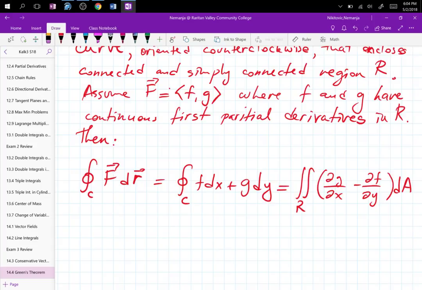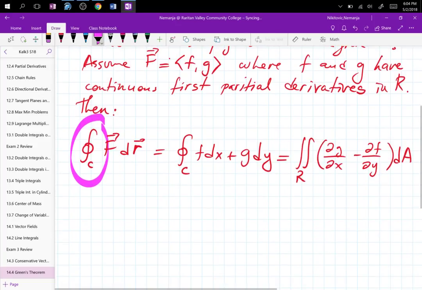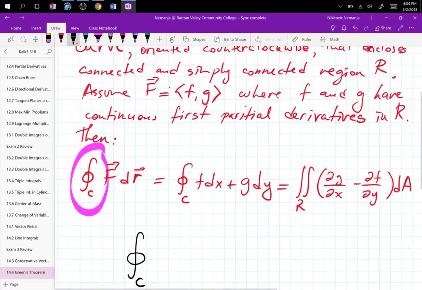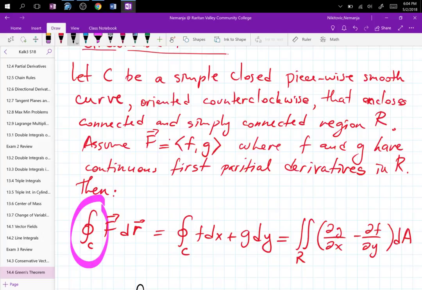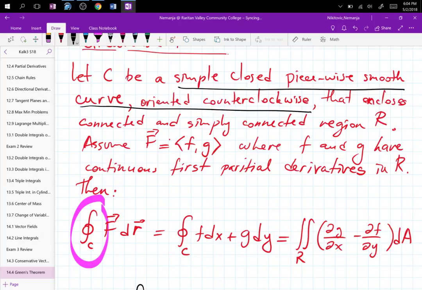Actually, before I go, let me just make clear what this symbol means, if you haven't seen this before. You have seen the line integral in the past denoted this way, the integral over the curve C. Well, now we add this piece which says all of this: a simple, closed, piecewise smooth curve oriented counterclockwise.